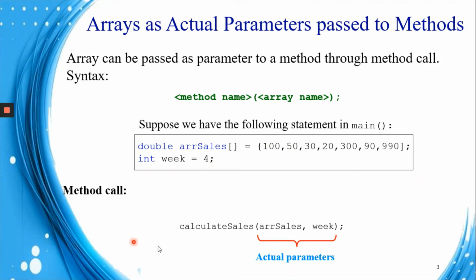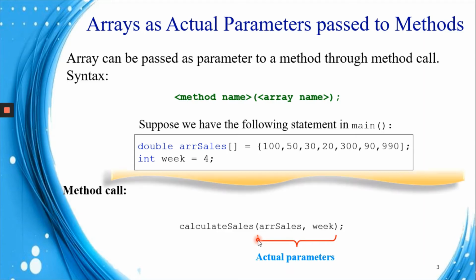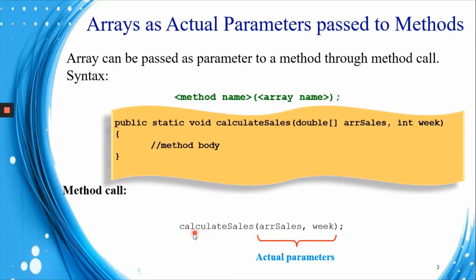Now we want to call method calculateSales that we defined in the previous slide just now. If you still remember, this is the method. So we want to call this method. What we do is write the method name, which is calculateSales.